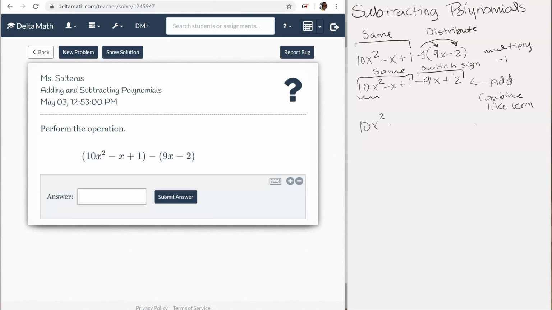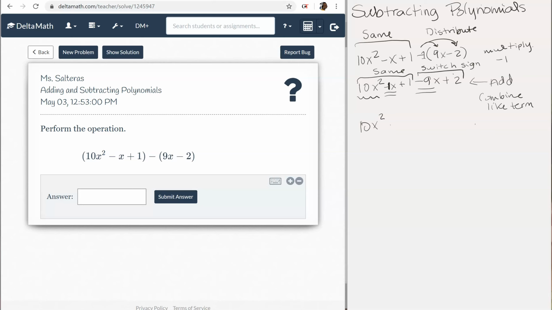The next lowest exponent would be 1. So really that's just wherever you see x, all right? X raised to the first power, we don't say that, we just say x, all right? So that's going to give us this -x and this -9x, all right? So again, we combine the numbers. So here we have a -1, we don't write it, but it's there.